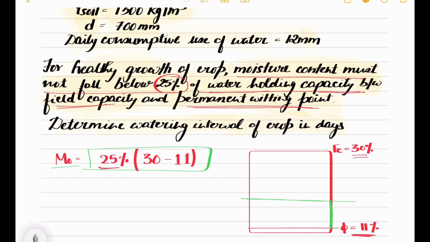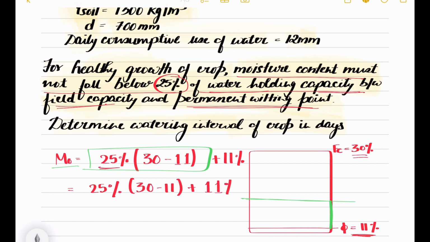So plus 5, or 5 in this case, is 11%. So we have 25% of 30 minus 11, plus 11%, right?